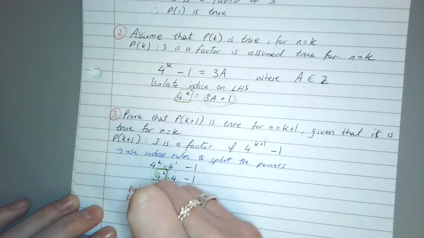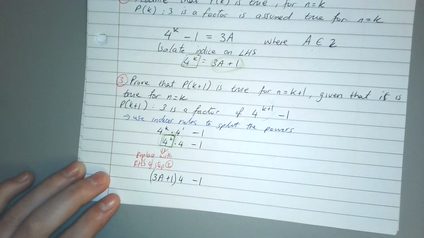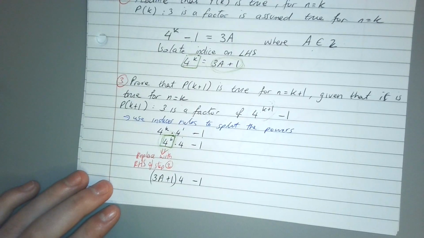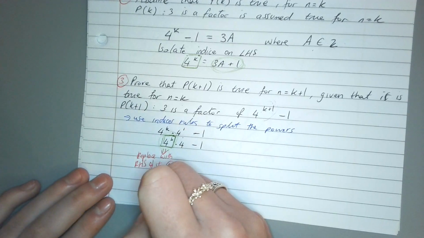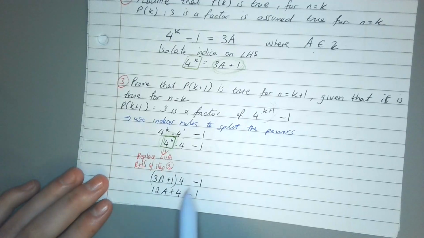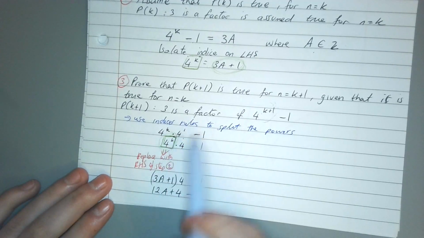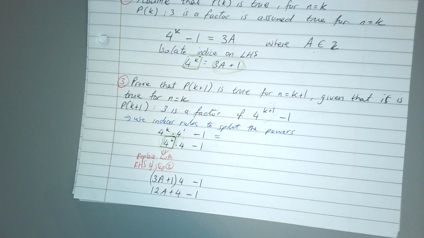It's still multiplied by 4 minus 1. So 3A plus 1 in a bracket times 4 minus 1. Multiply out. 12A plus 4 minus 1. So it's all still equal to this part here.